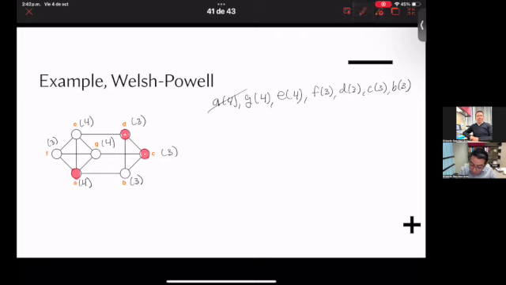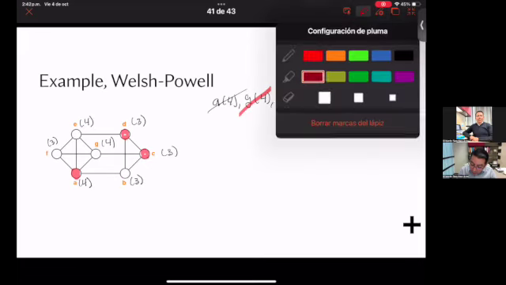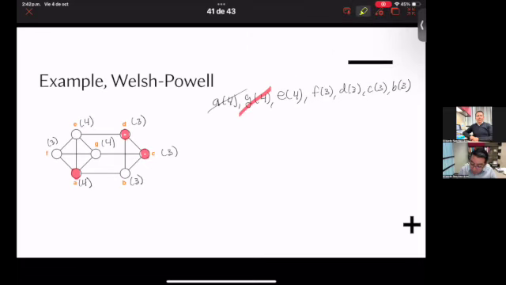So we move to the next on the list, which is G. Then we go to G and use this color. And all the nodes which are not connected with G can use the same color. And that is the case of B and only B.